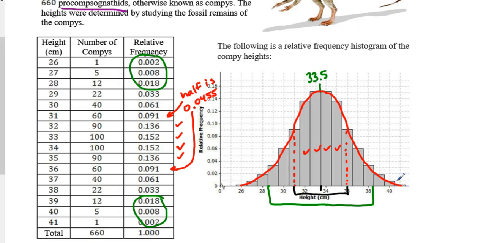All right, so there's our smooth curve. Describe it. Well, it's a bell curve. It is a smooth, symmetrical, mound-shaped, bell-shaped curve. Those are the words we use.